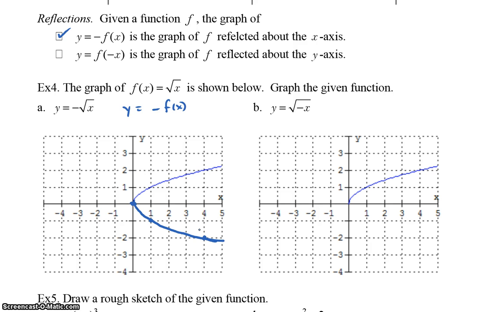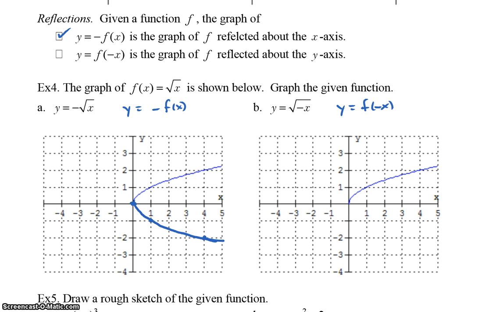And notice where the minus sign is in part B. It's on the inside. This is y equals f of minus x. So this would be a y-axis reflection. So here every point gets reflected across the y-axis.